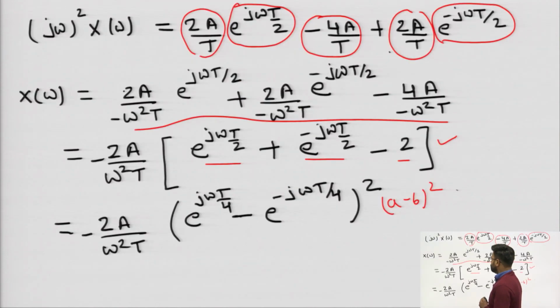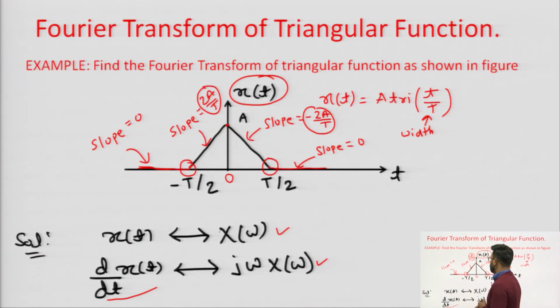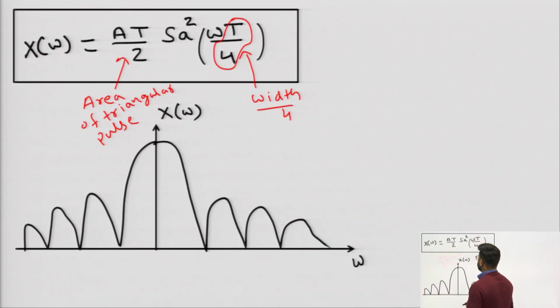So, you can see in this its area is half into a into t by 2 plus half into a into t by 2, which is a t by 2, and its width is t. So, we have written it as area of triangular pulse a t by 2 and omega sampling square into omega into t by 4. This is how we can find out the Fourier transform of triangular signal.